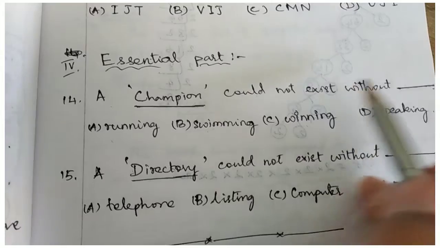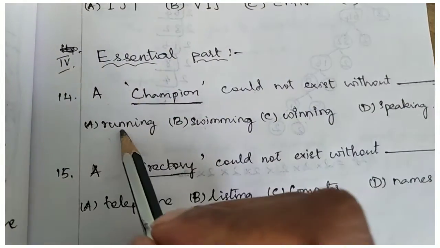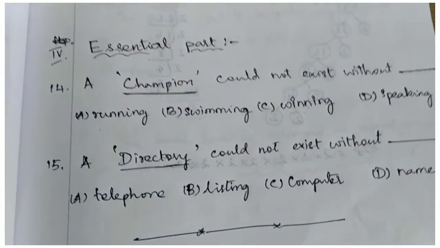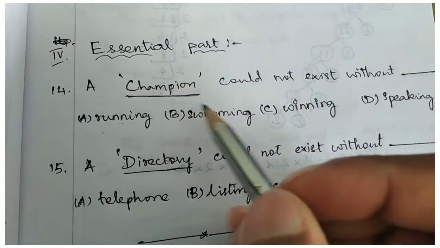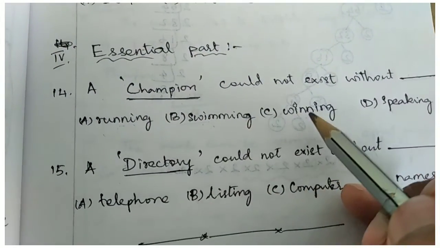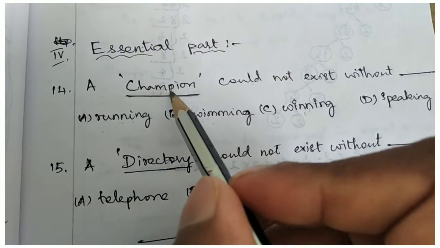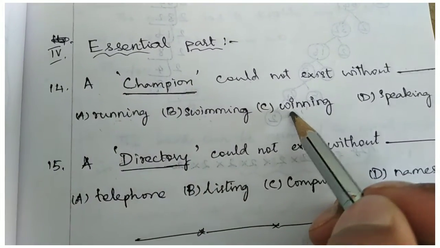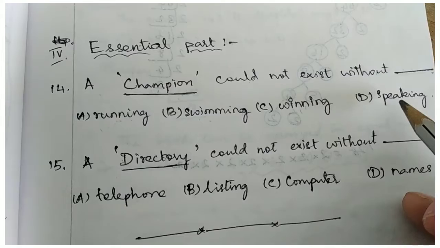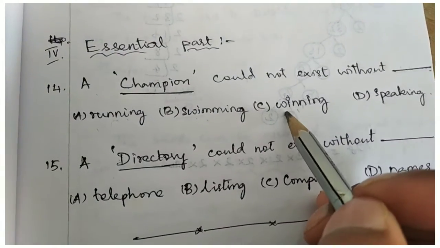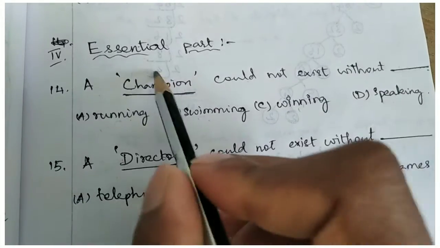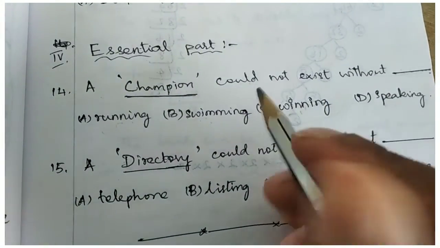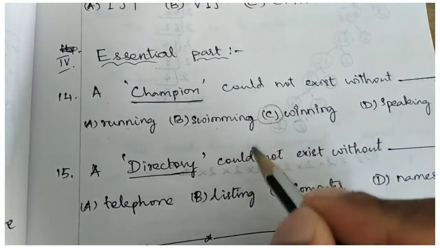A champion can exist without running, without swimming, without winning? A champion will only exist when he wins the running or swimming or a speaking elocution. So for the word champion, winning is essential. So the answer is winning.